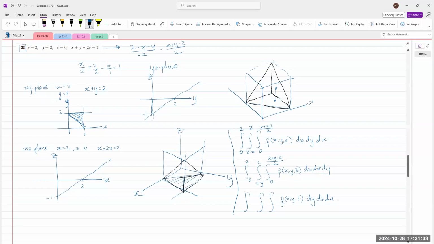If this is the x-axis, y-axis, and this is the z-axis, the projection of that will give us this part here. That's the projection. Okay?